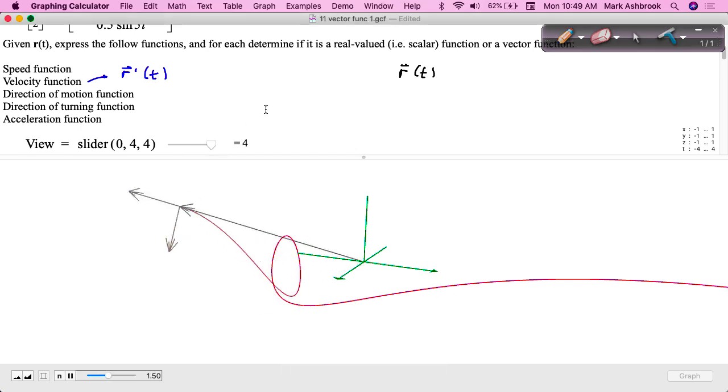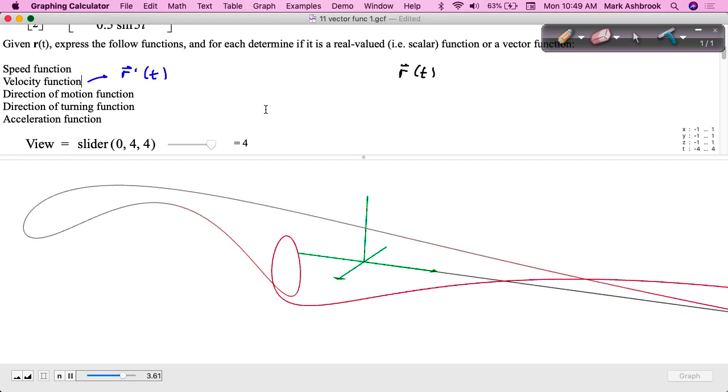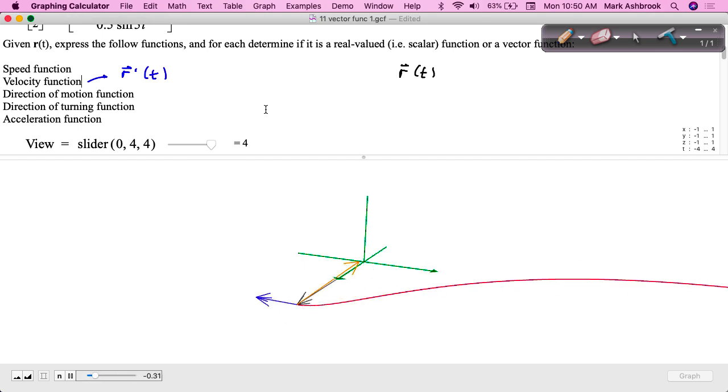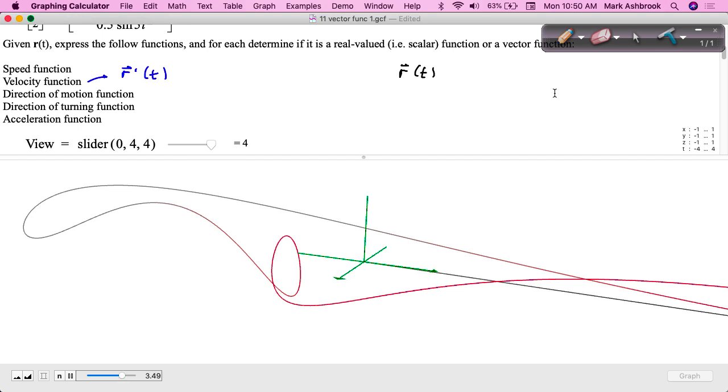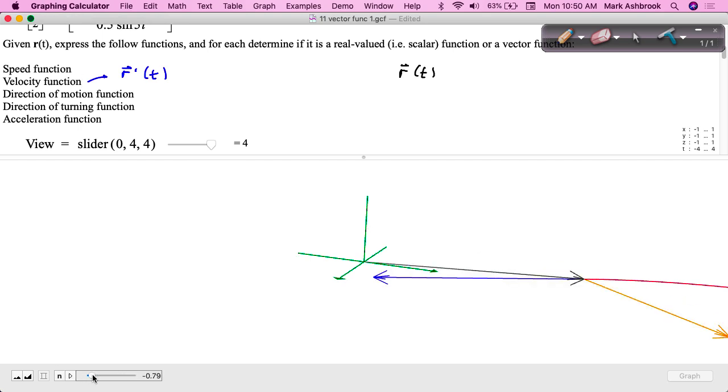All right, here's another one. I'm still showing velocity, and now I have another one. It's gold. I can slow this down a little bit, but here it comes. So in front, you can see this nice gold or orange vector. Any thoughts about this? I'm going to take it a little slower here. I'm going to freeze a moment at t equals negative 0.74.